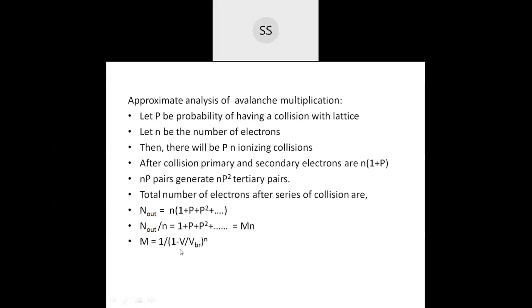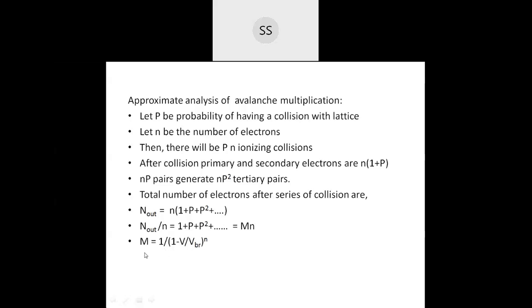Physically, the measurement of this carrier multiplication, capital M, in junctions near the breakdown is given by the relation M is equal to 1 divided by 1 minus (V by VBR) raised to N. Near the breakdown region, it gives a measure of the carrier multiplication.